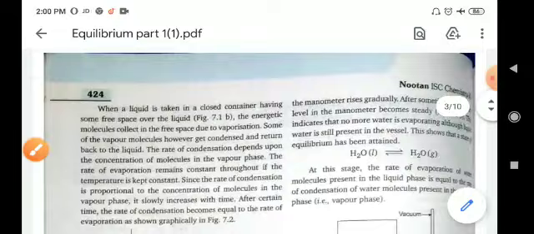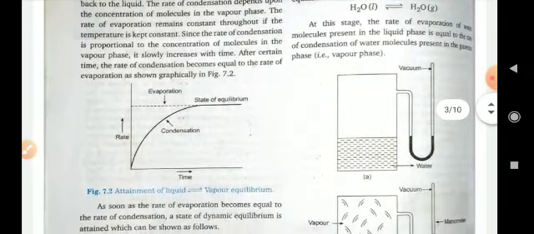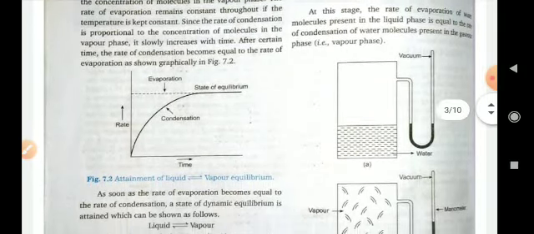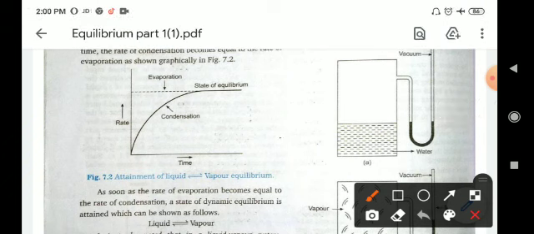Here you can see one experiment in which a container is filled with liquid, and there is a vacuum. A manometer is also attached to this container, and the container is filled with water. Here you can see the level of mercury.